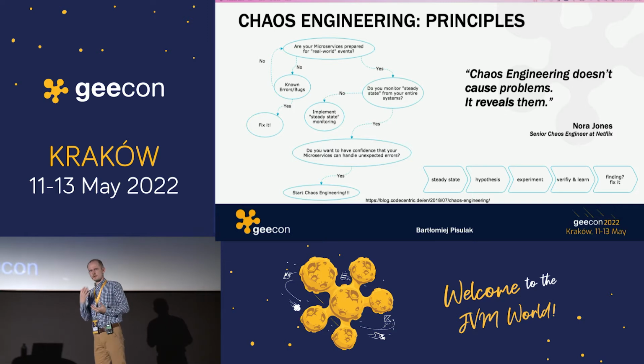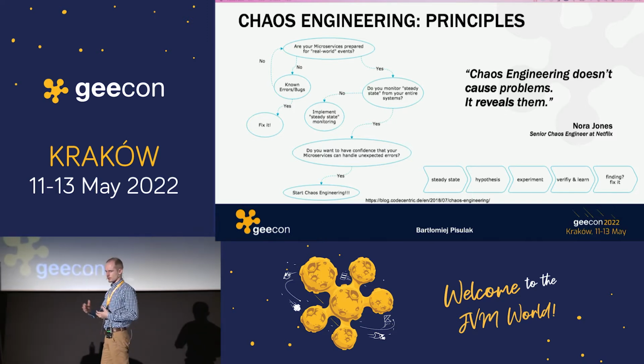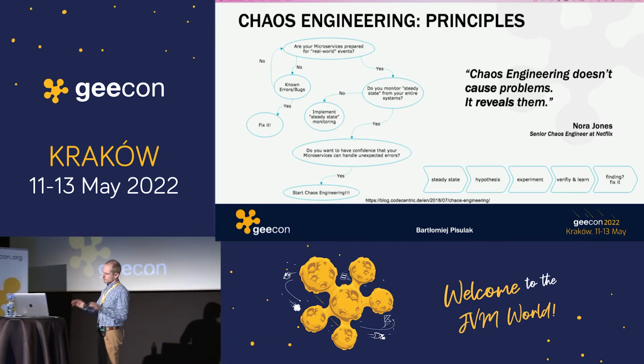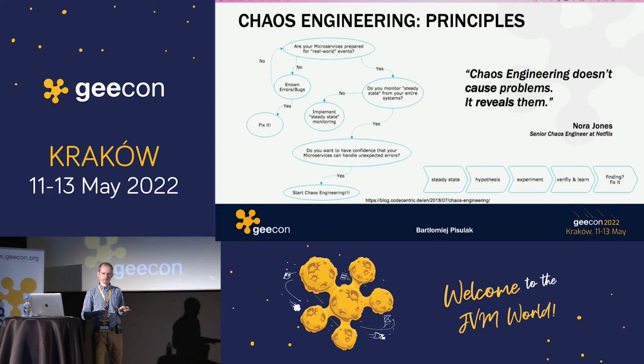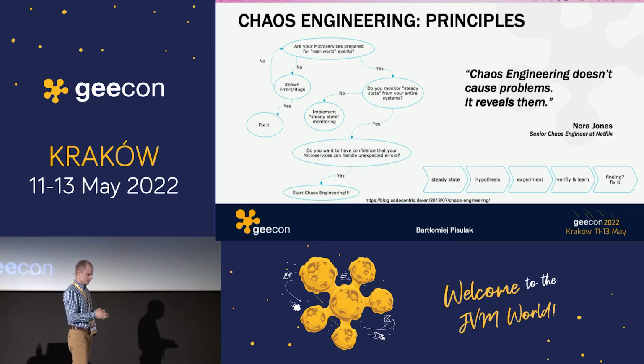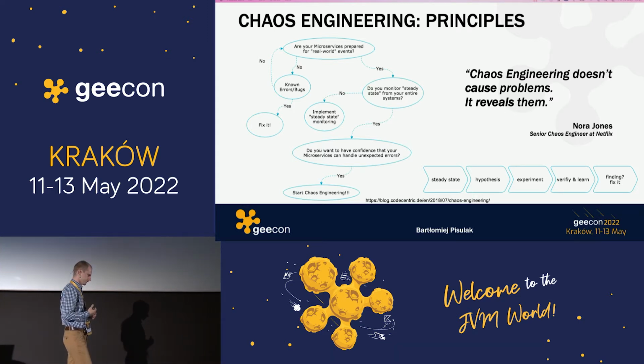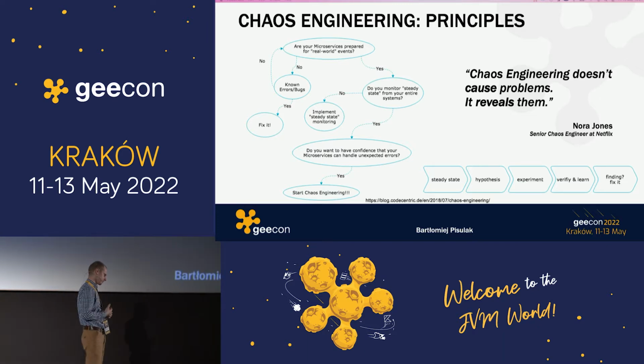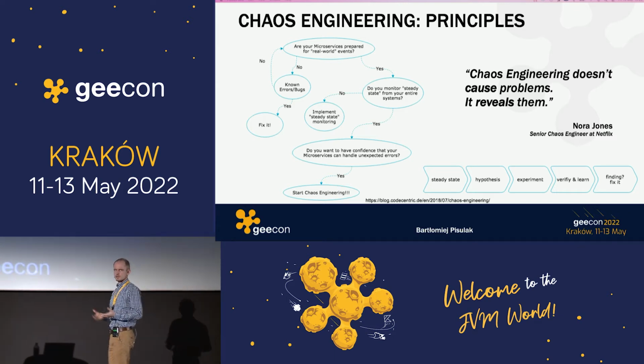Before you even start thinking about introducing chaos engineering to your organization, you have to think about fundamentals. That's very important. This diagram you can see on the screen is talking about microservices, but of course it can be applied to any system. As you can see on top of it, first of all, let's focus on the foundation.